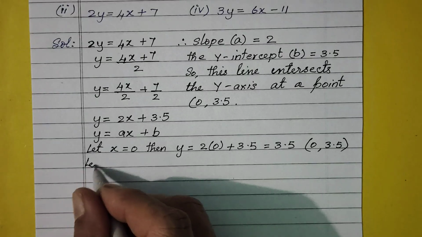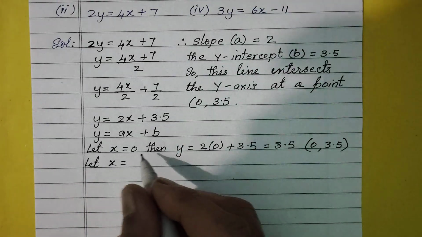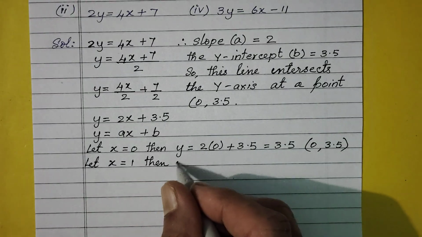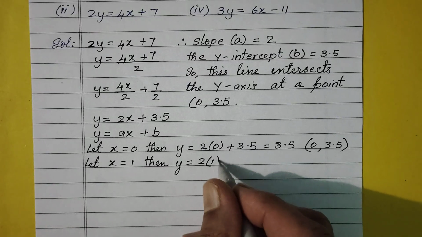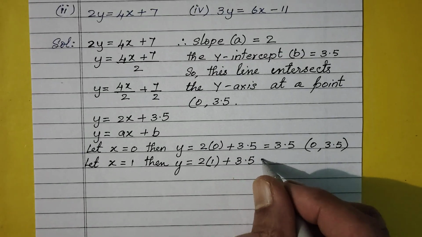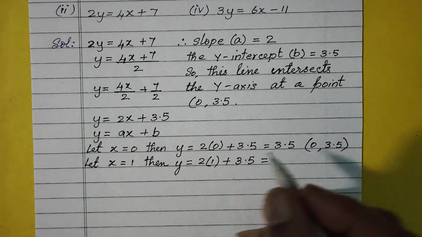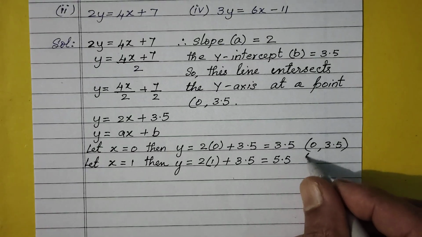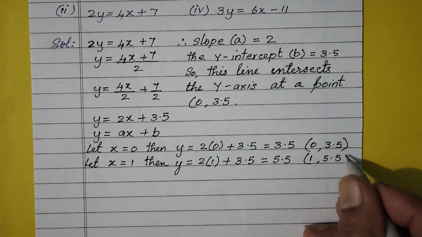Next, let x be equal to 1, then y will be equal to 2 into 1 plus 3.5. So 2 ones are 2, 2 plus 3.5 is 5.5. So 1, 5.5.